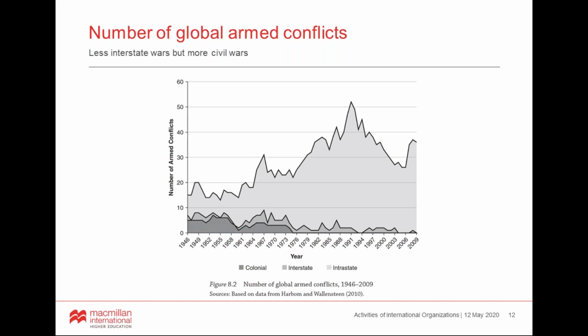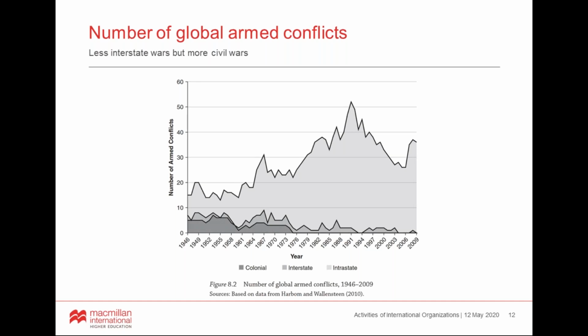At the same time, what we've seen, particularly since the 1980s and the 1990s, is a quite substantial increase in civil wars, intrastate wars. Now there has been a drop during the 2000s, then an increase again.